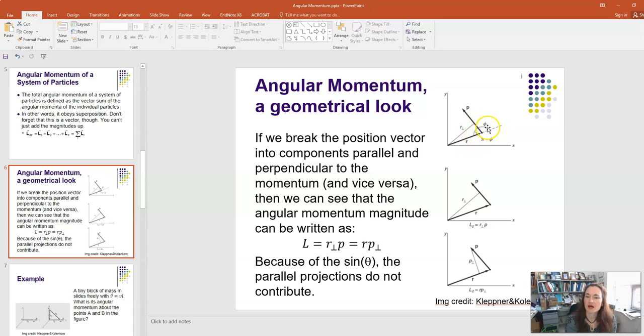You have this vector R, which makes the hypotenuse of this right triangle, and your R perpendicular is the lighter line that's shown. So R is the hypotenuse and R perp is one of the legs. It intersects with P here, and it makes a little 90-degree angle, so this is a right triangle. The angle on the interior of this little right triangle would be pi minus the angle phi, right? So that's the angle there.